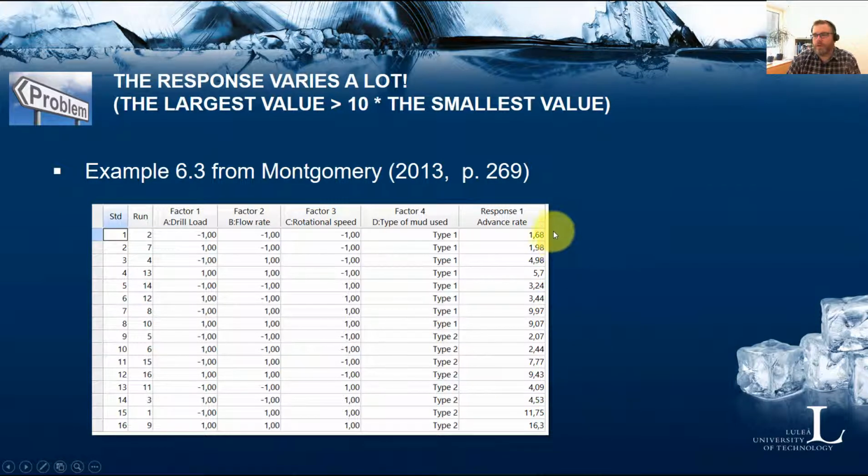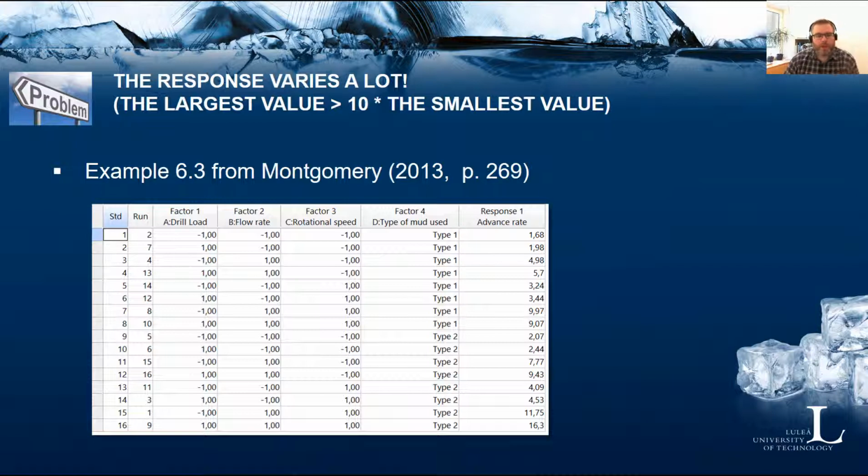And in the first design run, we have 1.68. So the largest value is approximately 10 times larger than the smallest value. This should mean that there might be a need for a transformation.